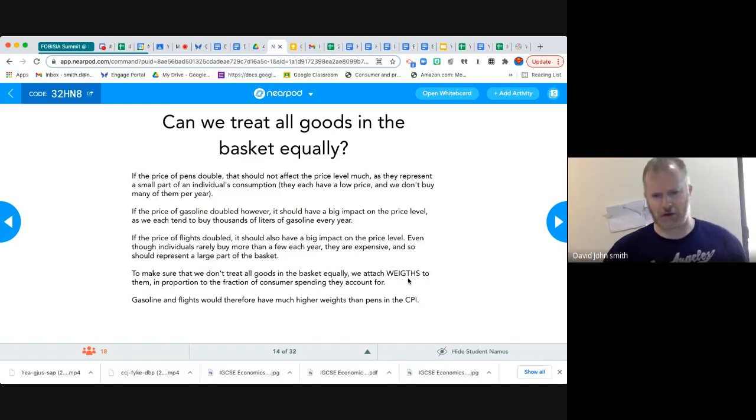We attach weights, right, to them. And we weight them in proportion to how much we spend on them, right?